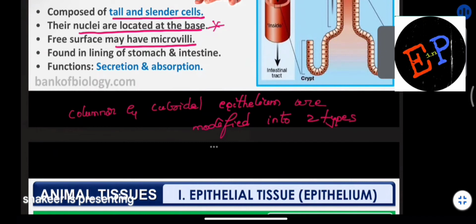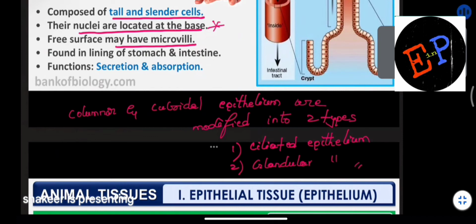What is the first one? The first one is called ciliated epithelium and the second one is called glandular epithelium. Are you able to understand?